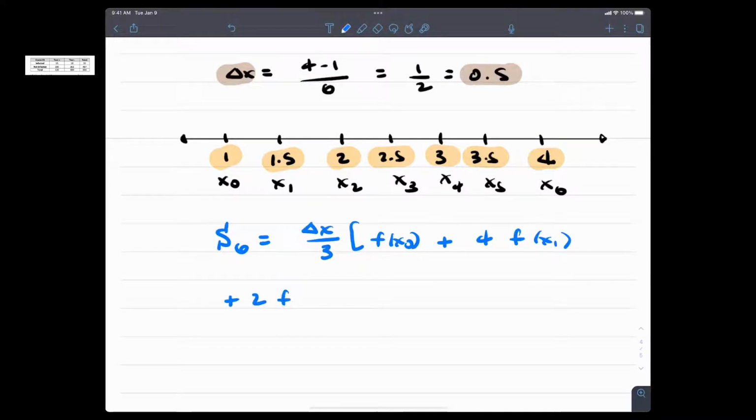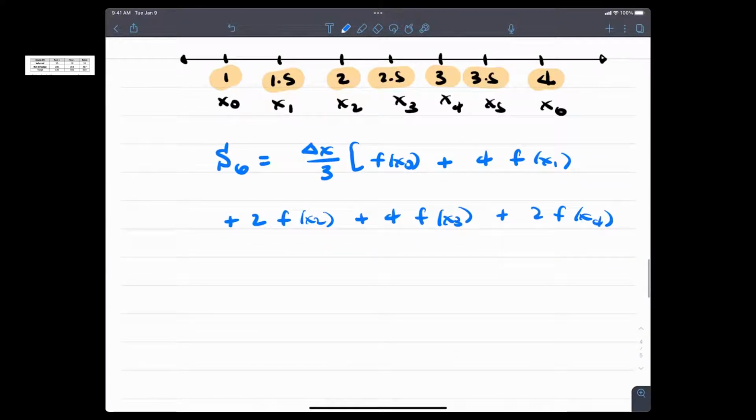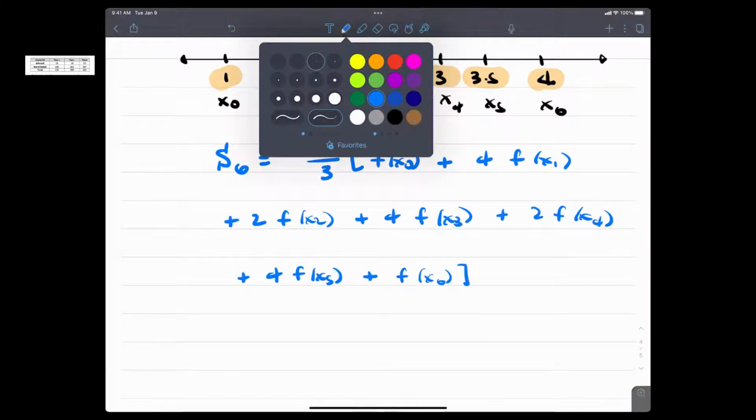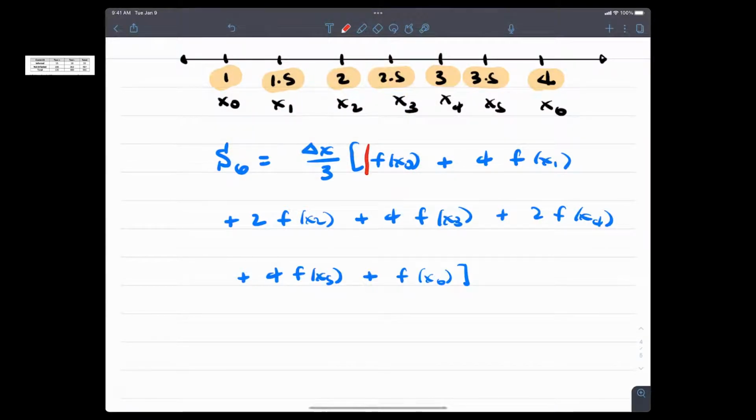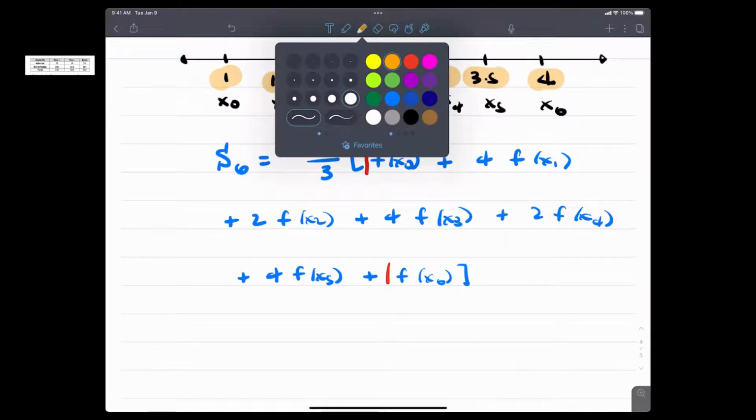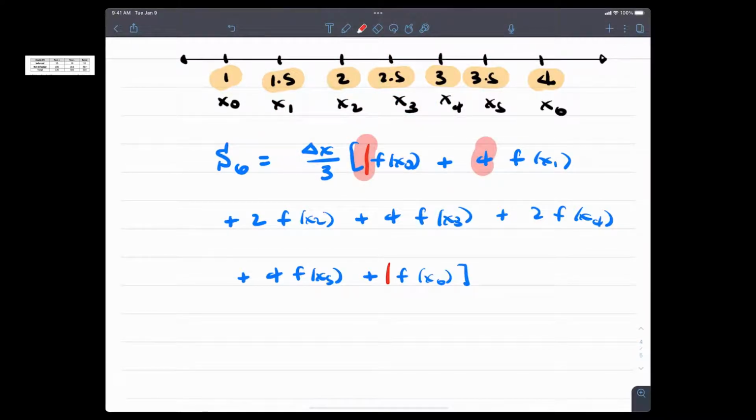And then I want to make sure I have my weights. Okay, so remember the sequence of weights. That's a 1. You always start with 1. You always end with 1. Got 1, 4, 2, 4, 2, 4, 1.